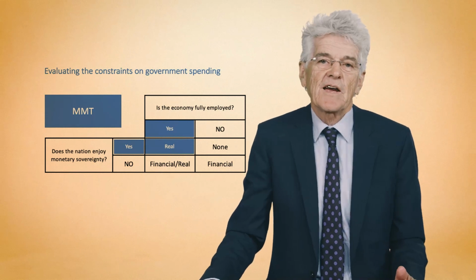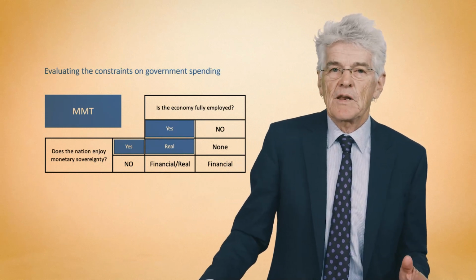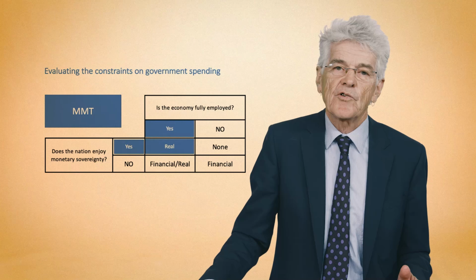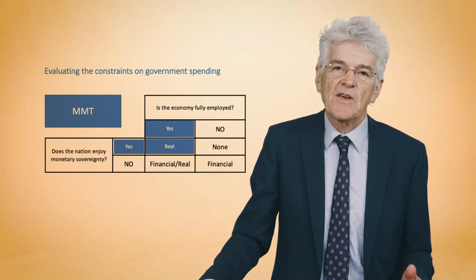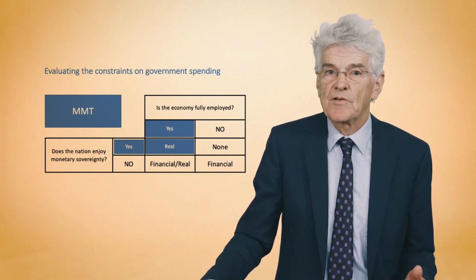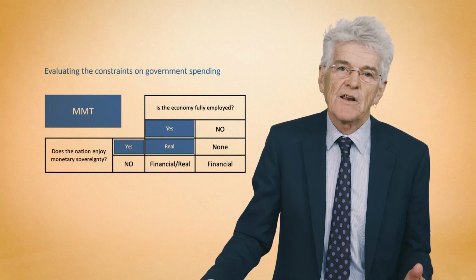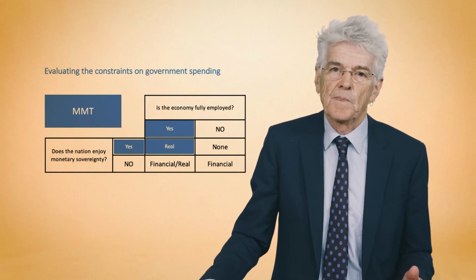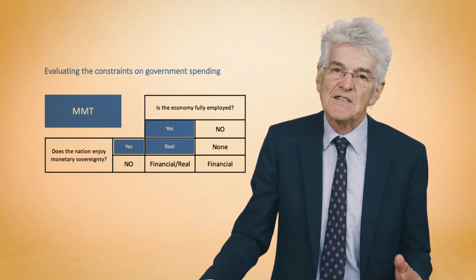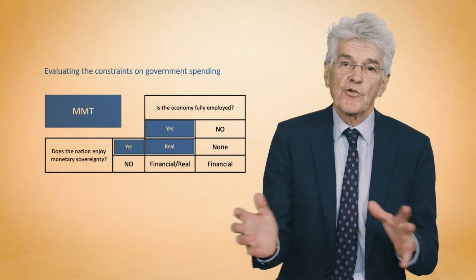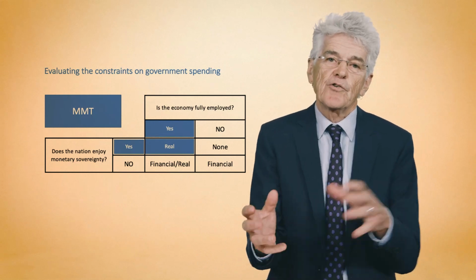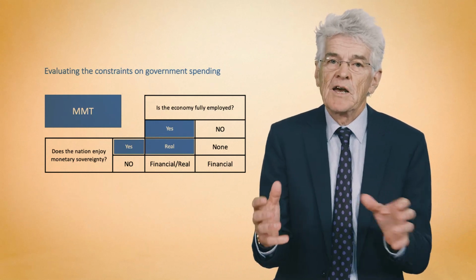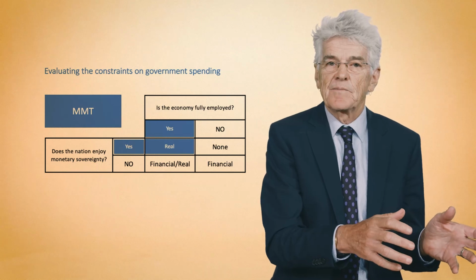Well, let's take an example where the government in that situation wants to introduce, say, a major policy initiative like a green transition or a Green New Deal, as it's sometimes been referred to, which will require quite a massive shift in resource usage and a lot of resources, at least temporarily, being shifted into the public sector.